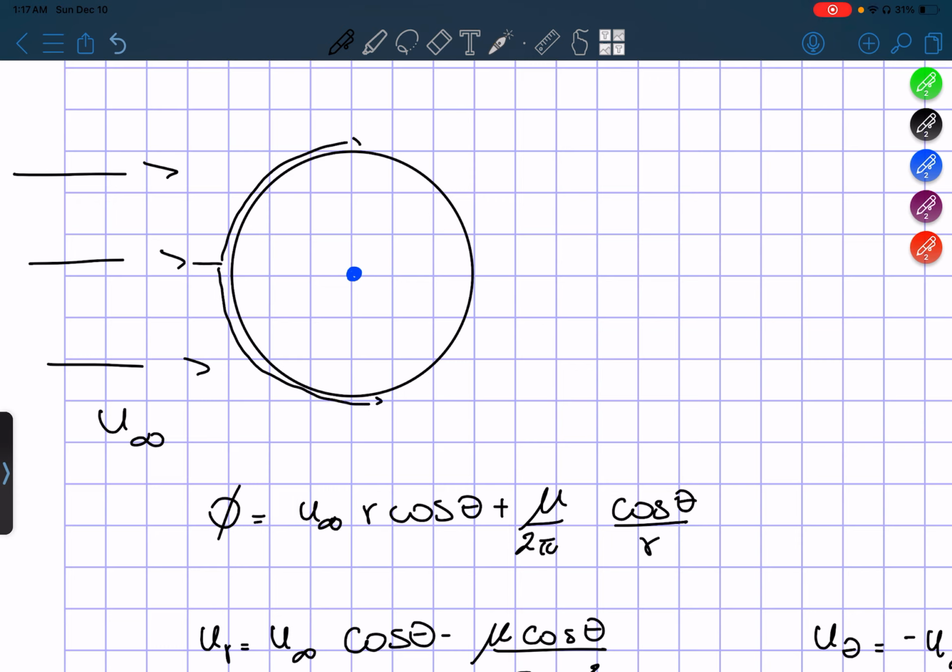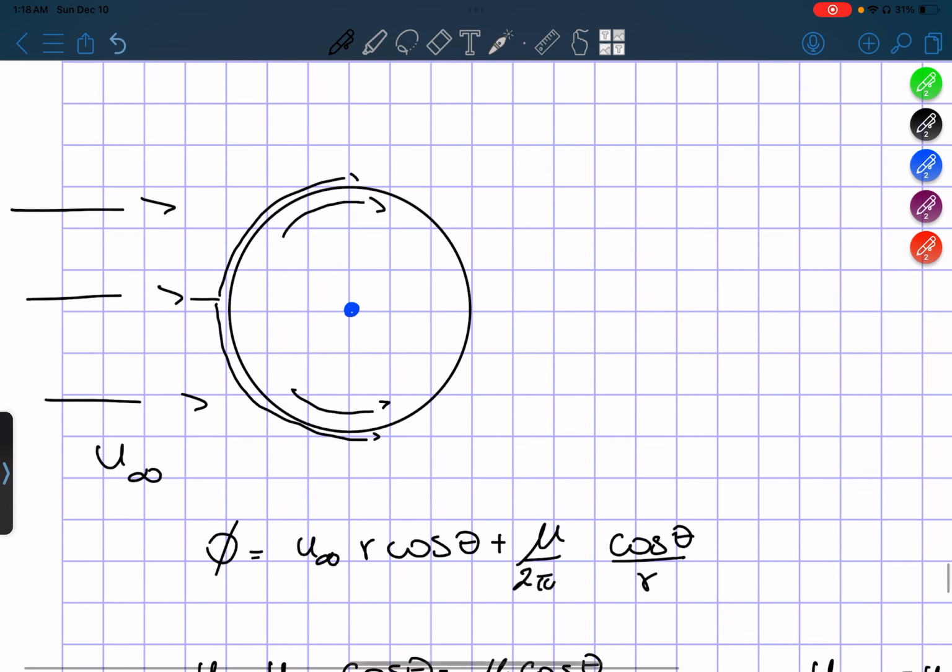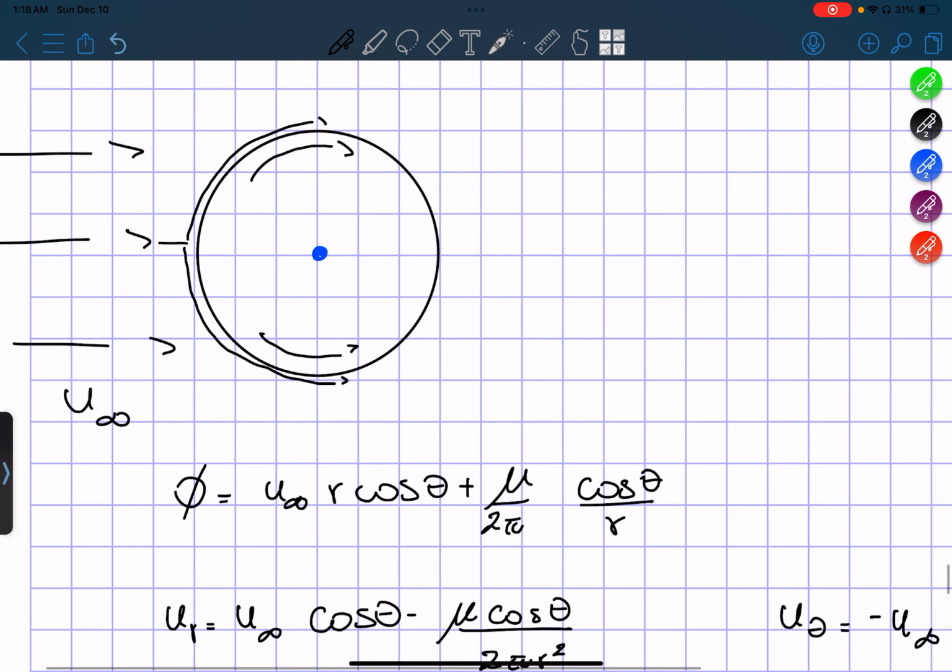Of course, I'm drawing a little bit of distance between them, but they're actually the same line. And then inside we can have any sort of movement of flow. The idea is that, however, on the outside it has to match this movement here because of the no slip condition. So we have something like this, and then in the inside it has to match. Sorry, in the center they have to match. So we're going to have something like this.